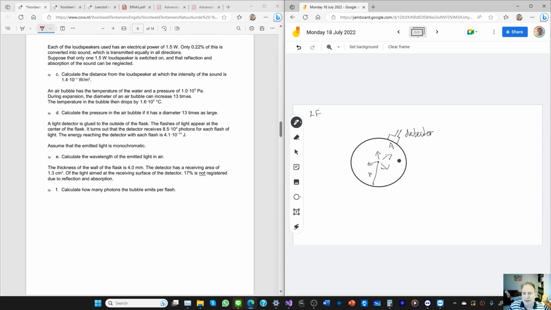Okay, so let's say that nf here is the number of photons that is emitted, and let's say n in here is the number of photons arriving at the detector opening.